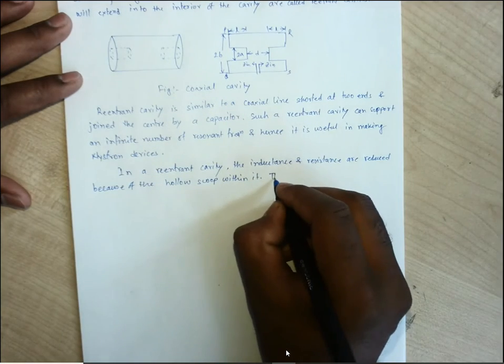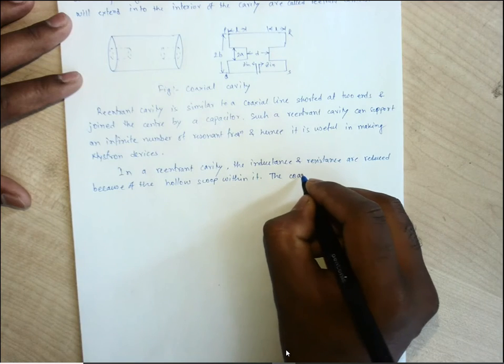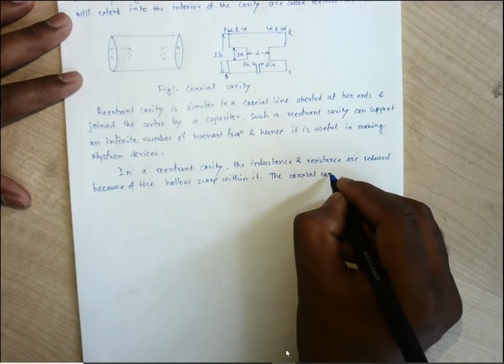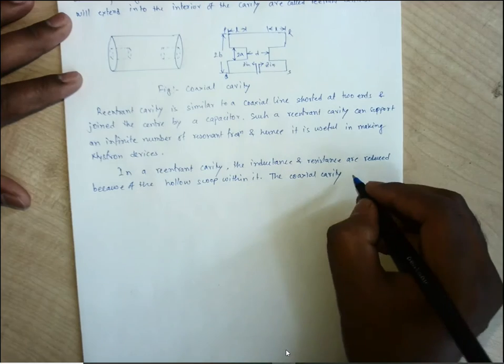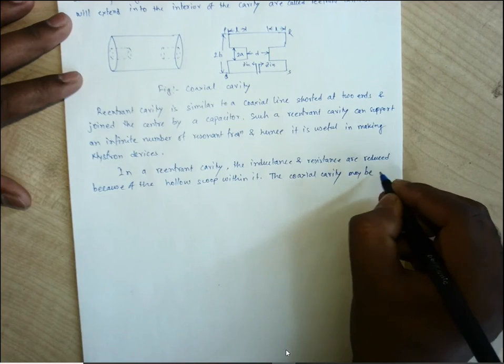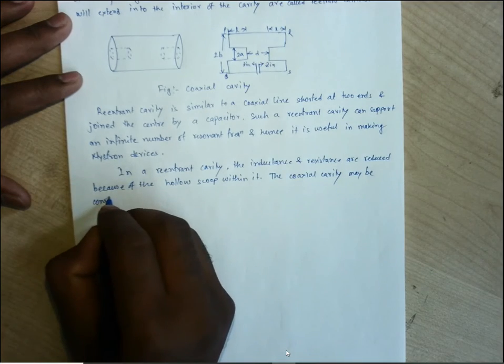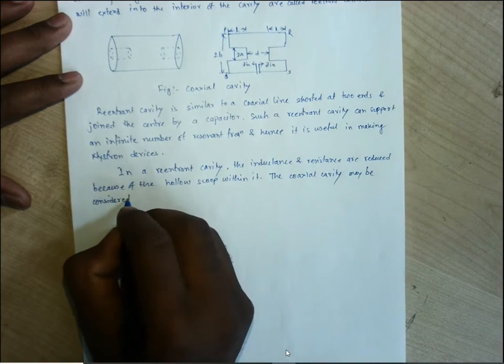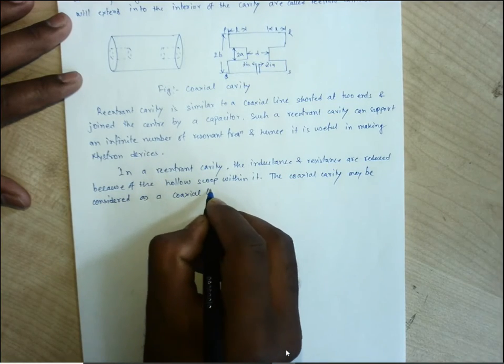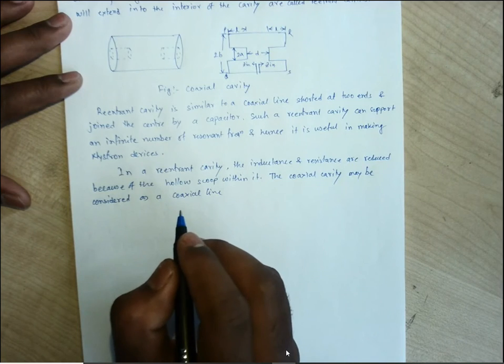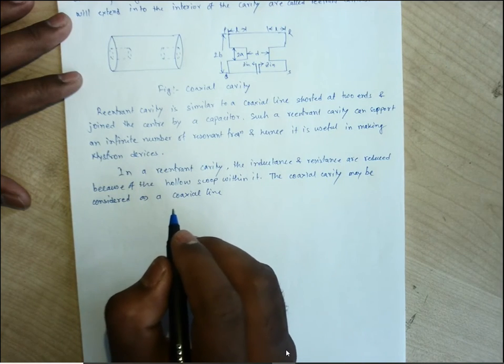The coaxial cavity may be considered as a coaxial line, and it is shorted at the two ends.